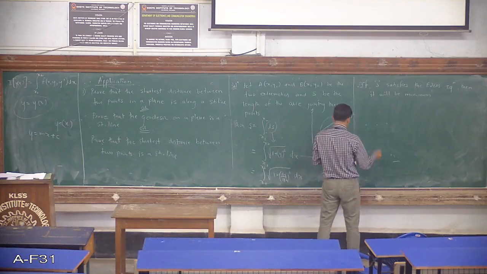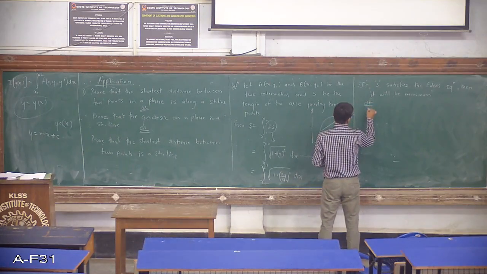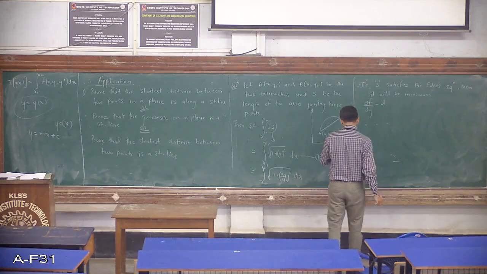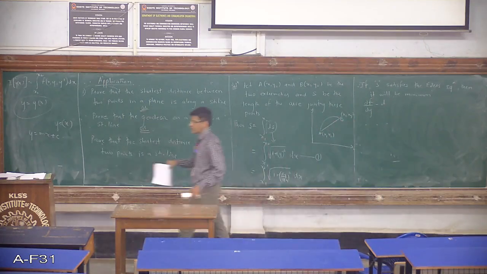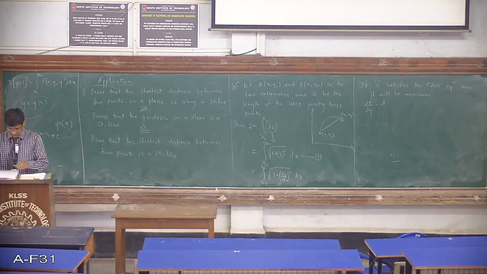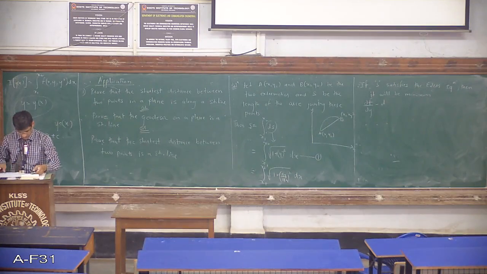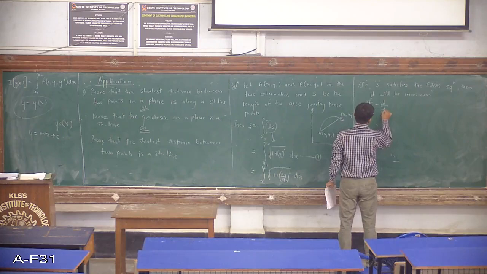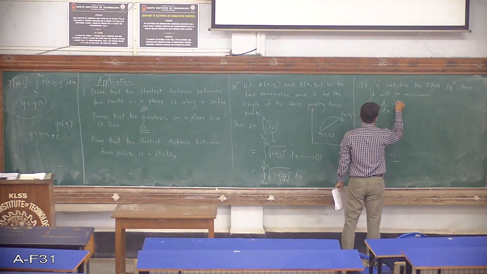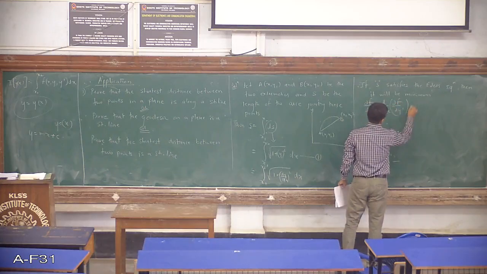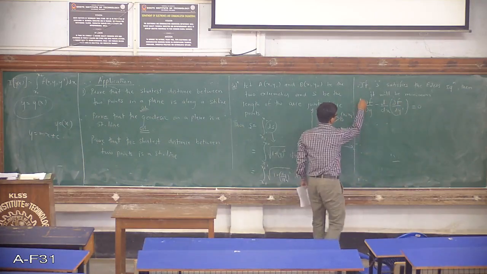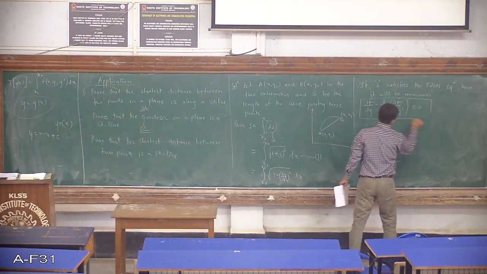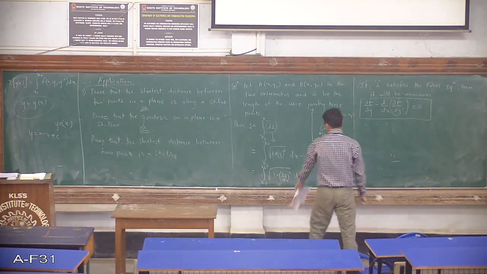And for my convenient purpose, I take this particular equation, that is dou f by dou y minus d by dx of dou f by dou y prime equal to 0. So I make use of this Euler's equation, and that is the usual way. Fine. So here I am taking this equation.